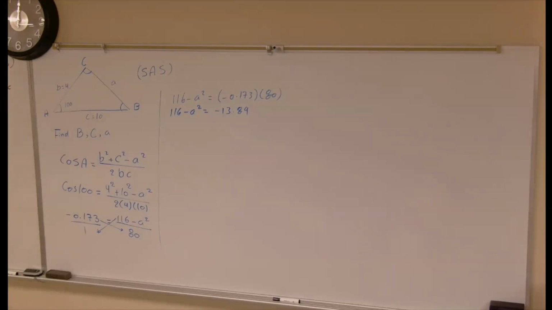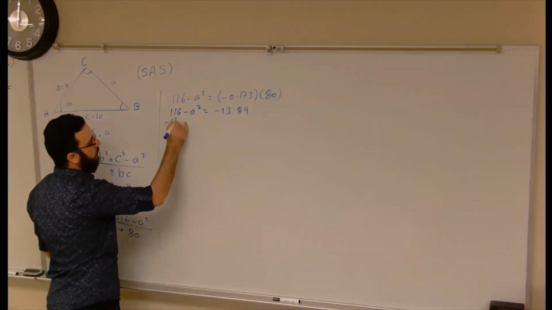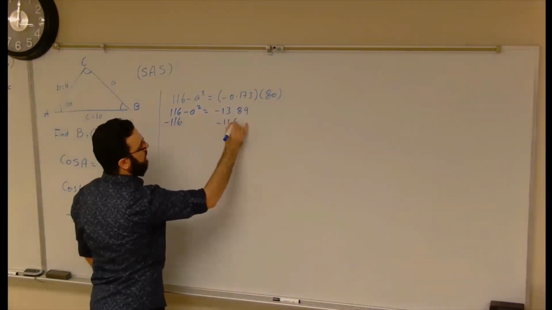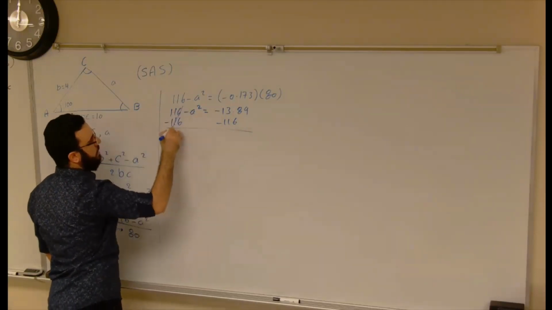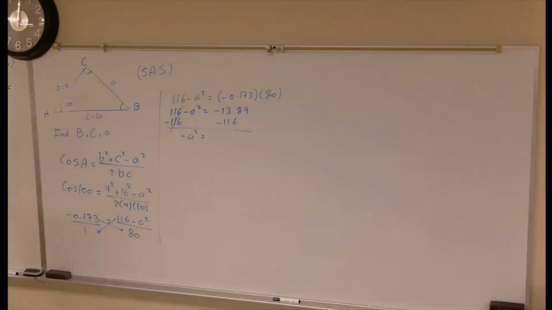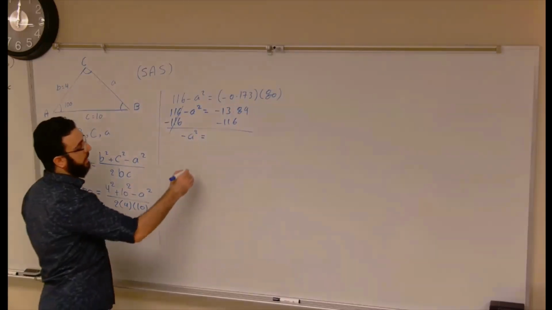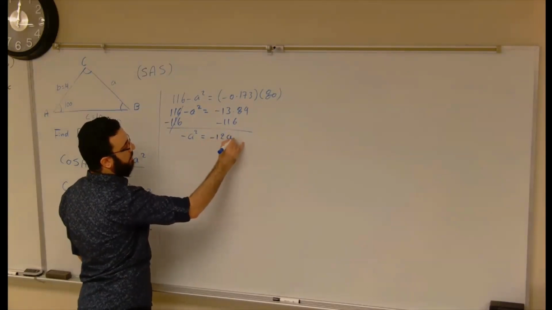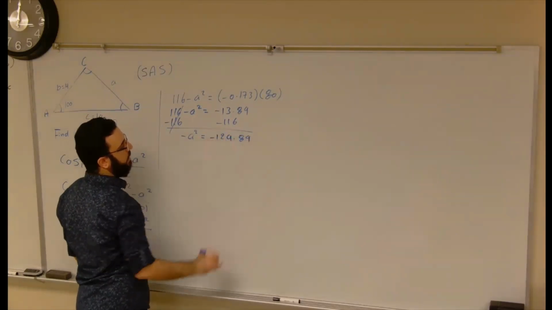Subtract 116 from both sides. The 116 cancels, so negative a squared is going to be negative 129.89.